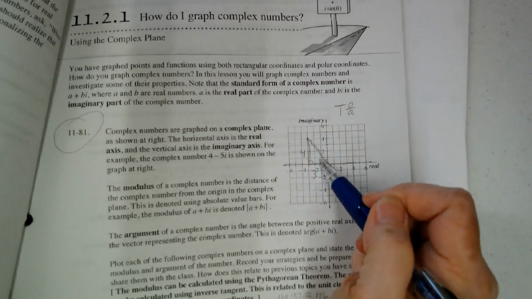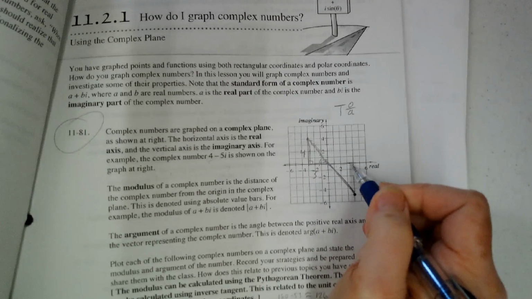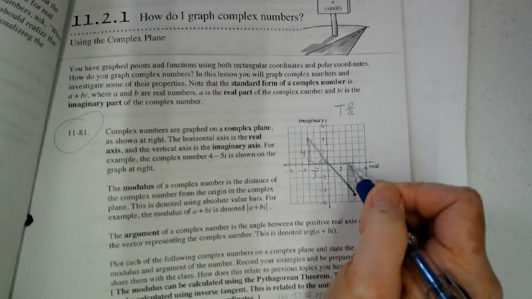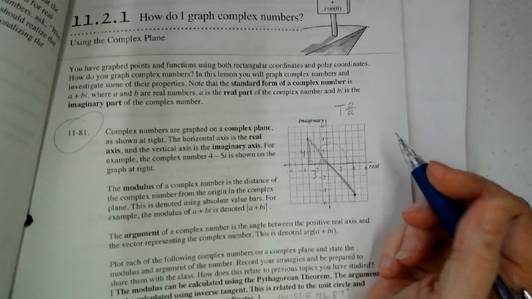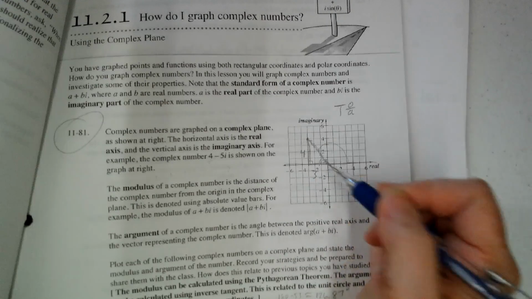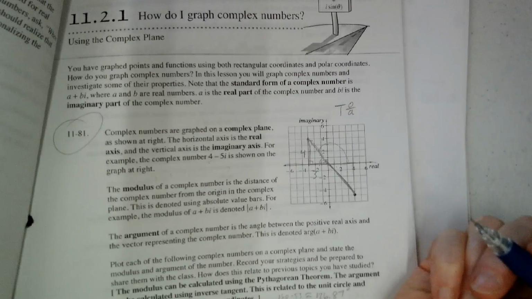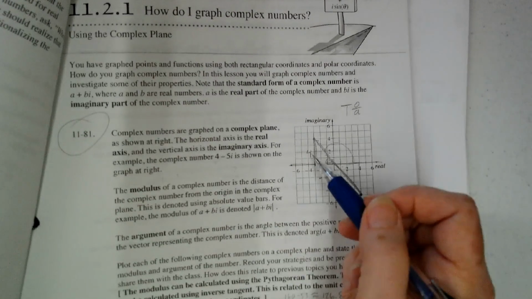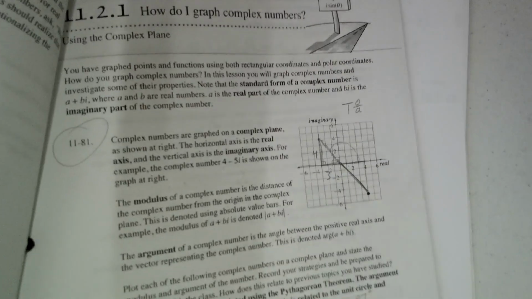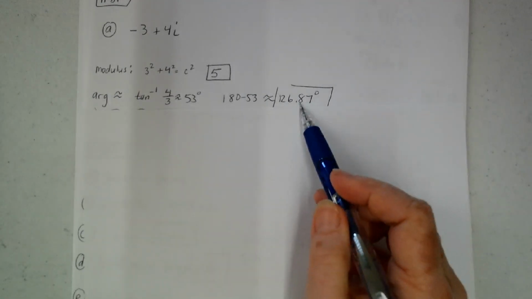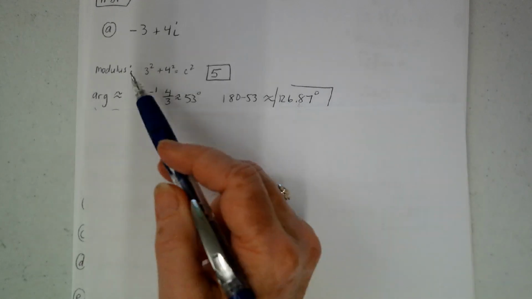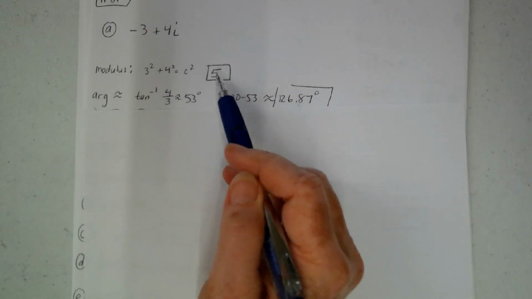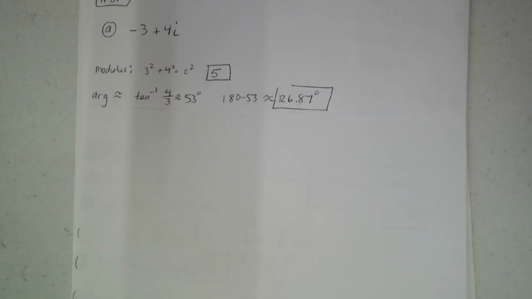That's for this angle right here, but we count our angles from the positive x-axis. So what I really want is this arc I'm drawing right here with my pencil. This arc plus my little 53 adds up to 180. So I'm going to say 180 minus 53, and that should give me the argument. So the modulus is the hypotenuse of the triangle, and the argument is the angle measure.